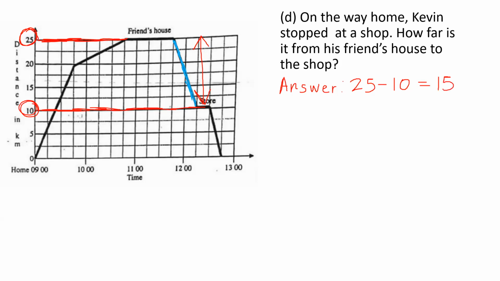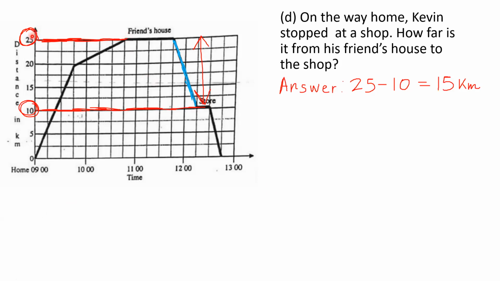Twenty-five minus 10 is 15. So it's going to be 15 kilometers, because they asked for the distance, right? The distance from his friend's house to the shop. All right. Do you all understand how we got 15 kilometers? Okay, good. So how do we get it?